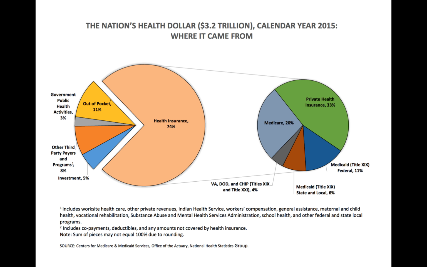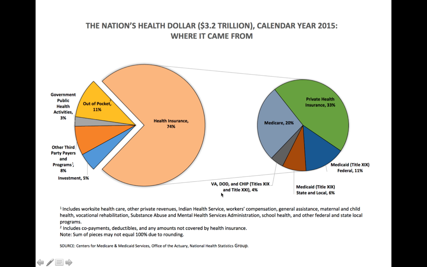And where did it come from? Well, 74% of that cost came from health insurance. And when we look at that, about a third of that is on the private health market, and that includes individual and employer-sponsored. 11% was Medicaid, 20% is Medicare.